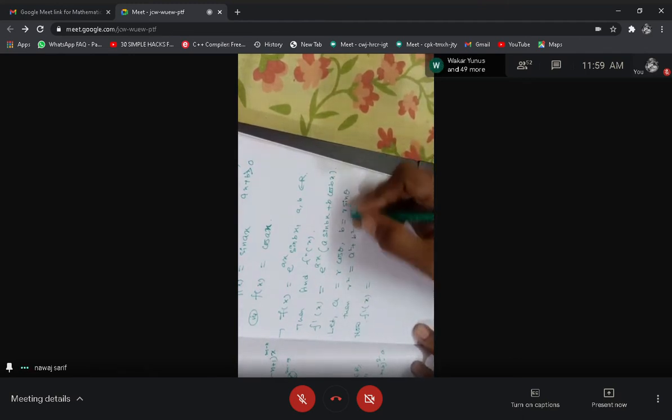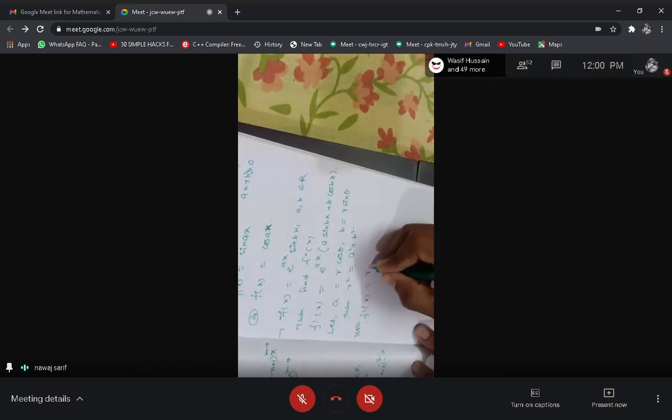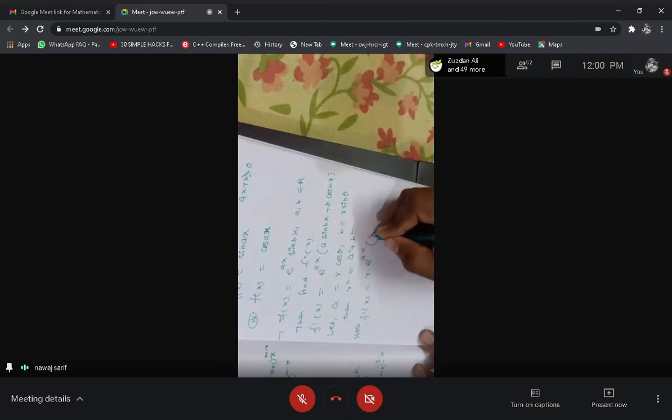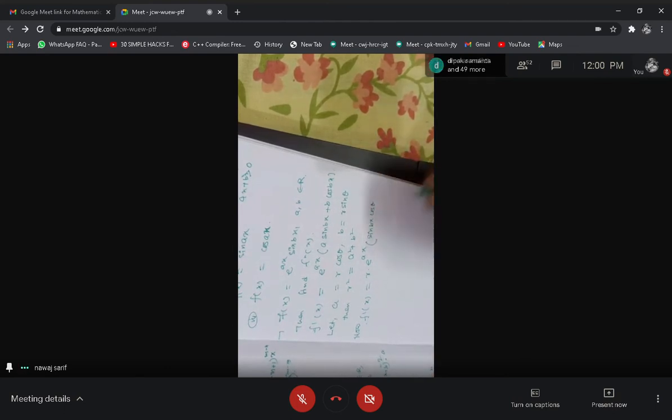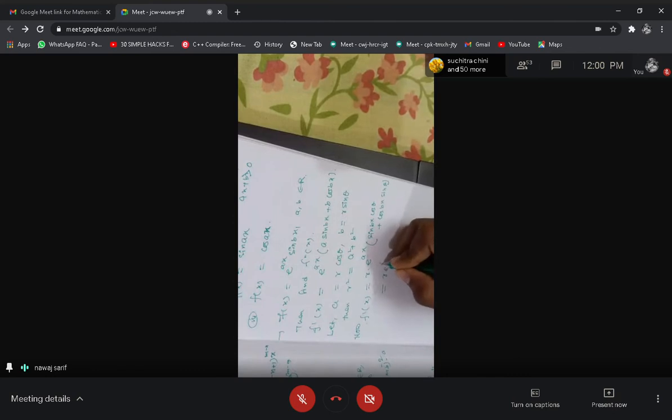Then r is outside: r into e to the power ax, and inside sin bx cos theta plus cos bx sin theta. This implies r e to the power ax sin(bx plus theta).